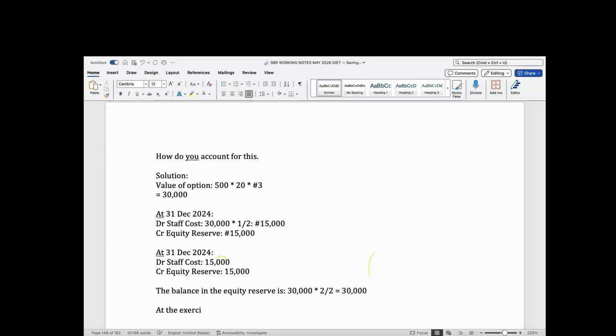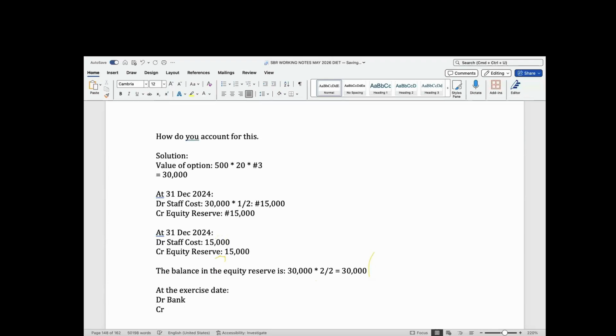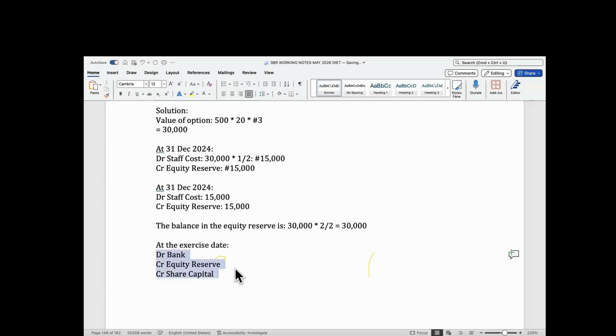At the exercise date, when they are exercising this option and they pay for it, I can easily debit bank and credit equity reserve. Because I will collect money from them, then one way or the other, we'll find a way to transfer some amount to share capital also, because we're going to issue shares to them as well. I will show you how this usually works out.